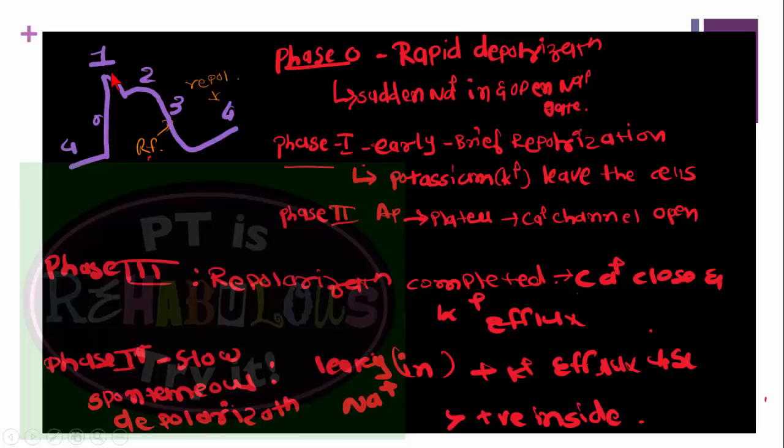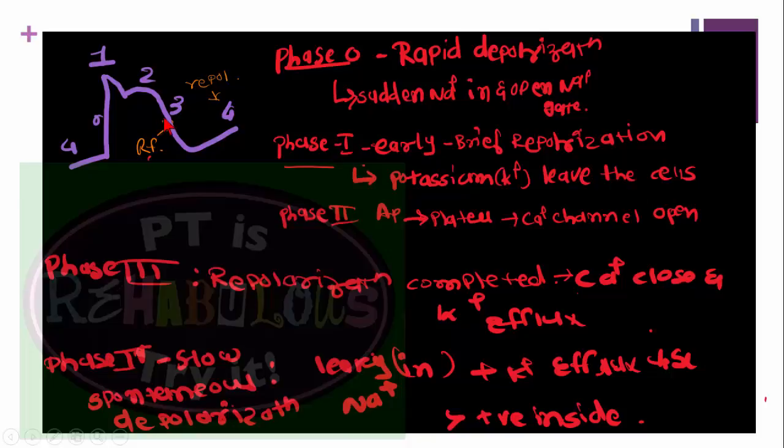In phase 1, there is an early brief period of repolarization, because potassium channels let potassium leave the cells, so negative charge is inside again. In phase 2, the action potential goes to a plateau, because for a long time the calcium channels are open, unopposed, so it remains a plateau, which allows your cardiac muscle to go through systole and diastole.